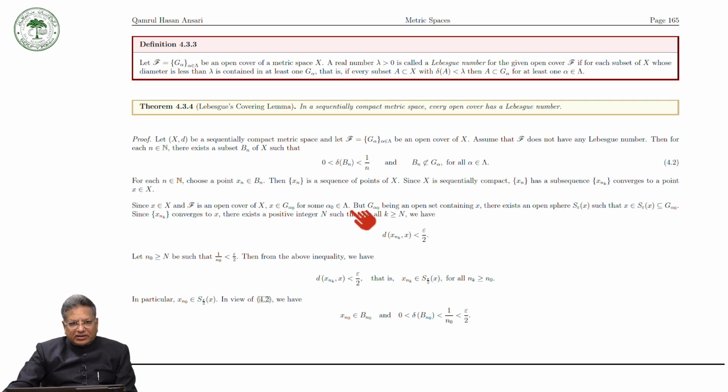So G alpha naught is an open set containing x.